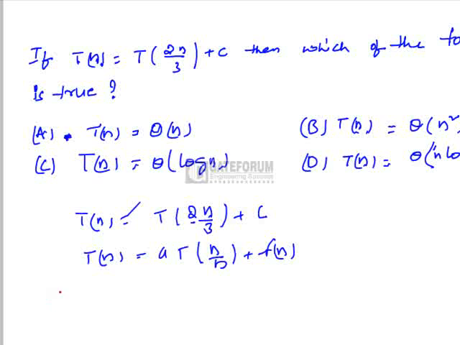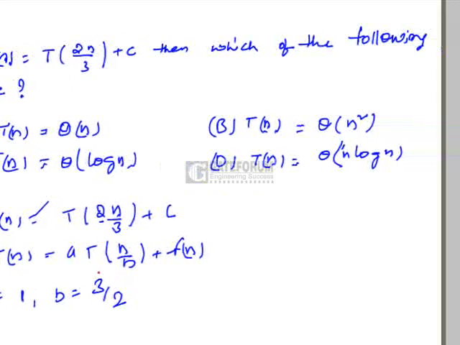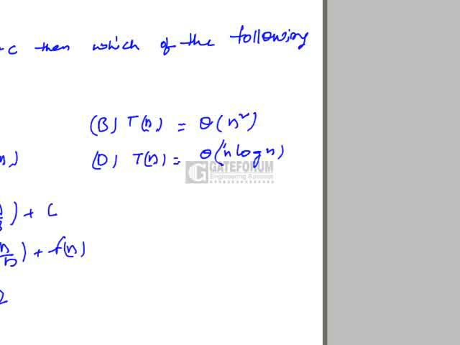Here A is equal to 1 and B is equal to 3 by 2. If we find n power log a to the base b, we get 1, and f of n is constant in this case.